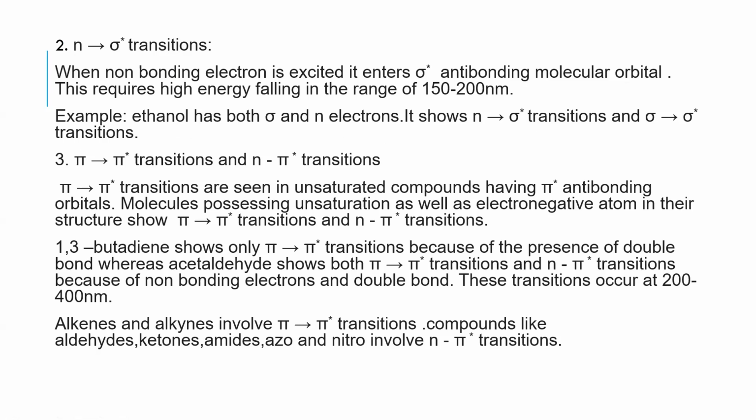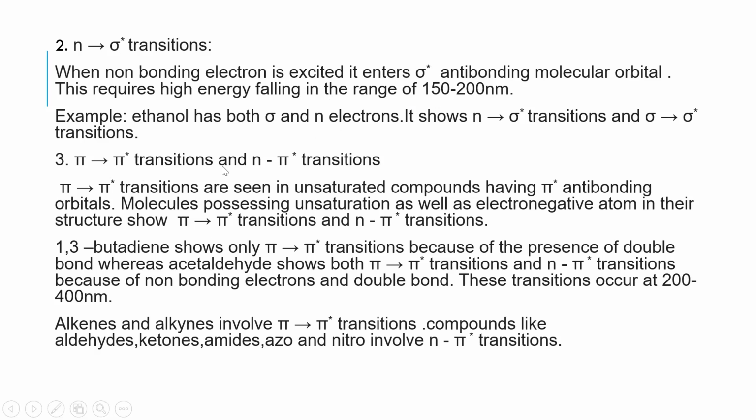So n to sigma star and sigma to sigma star transitions are observed in ethanol because ethanol contains both sigma electrons and n electrons. The radiation required for this kind of transition is in the 150 to 200 nanometers wavelength range.